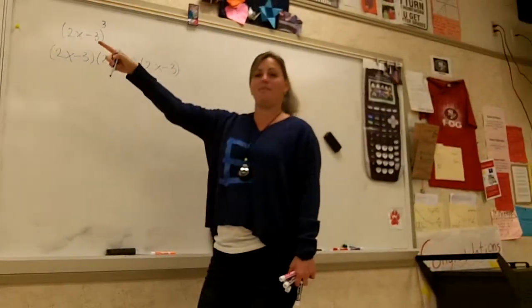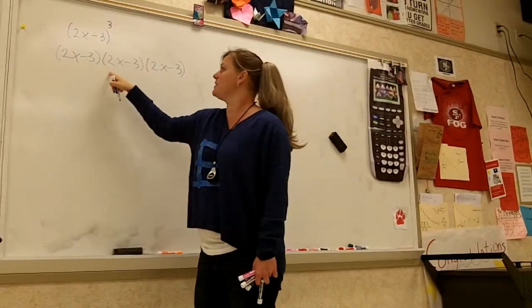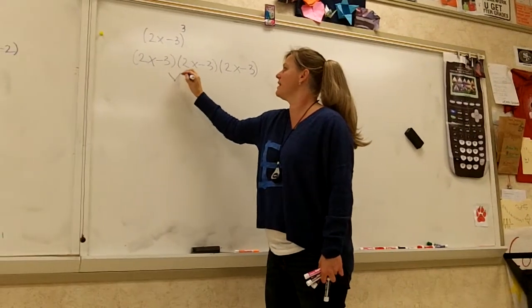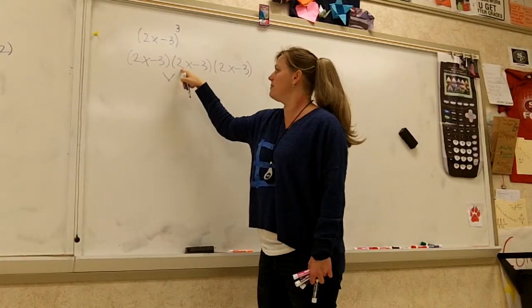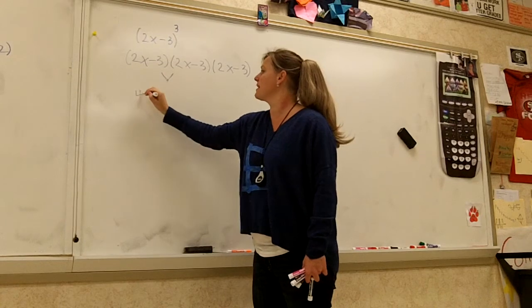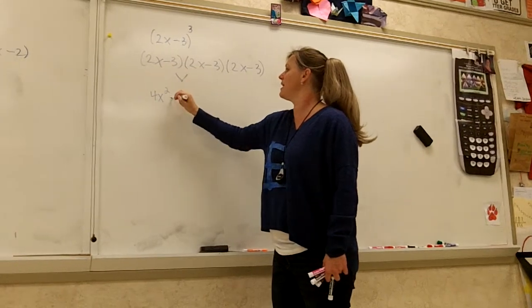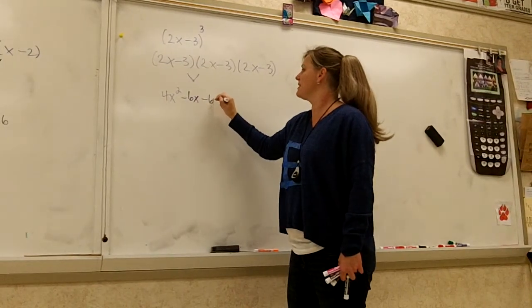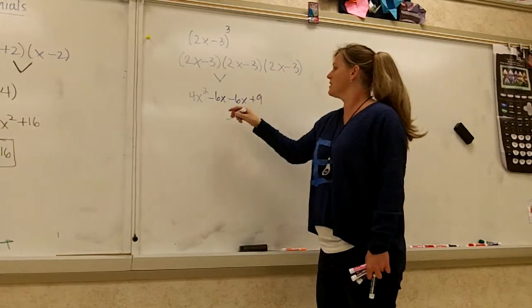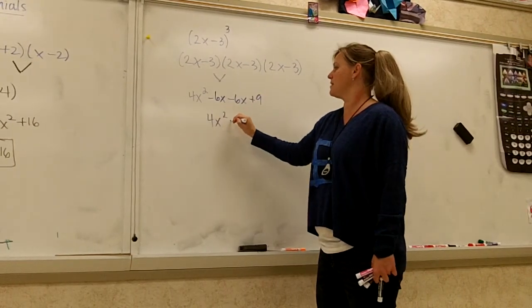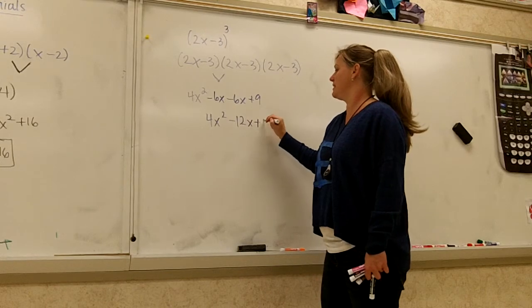And just like with that method over there, I'm going to multiply these two together right here. So using the FOIL method, 4x squared minus 6x, another minus 6x plus 9. So I'm going to simplify that, 4x squared minus 12x plus 9.